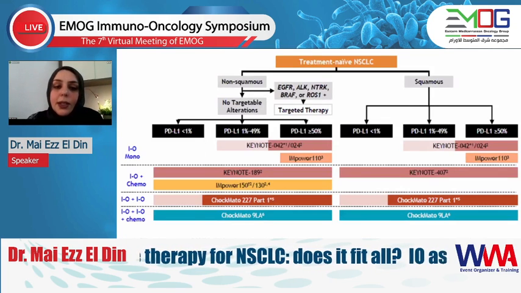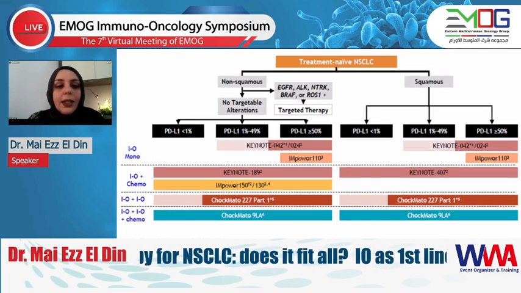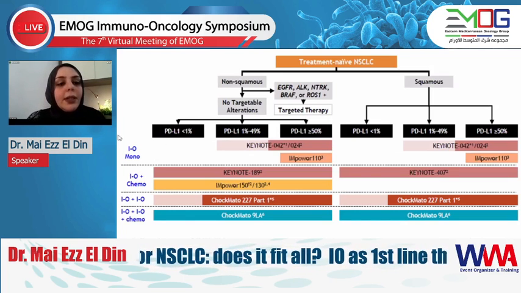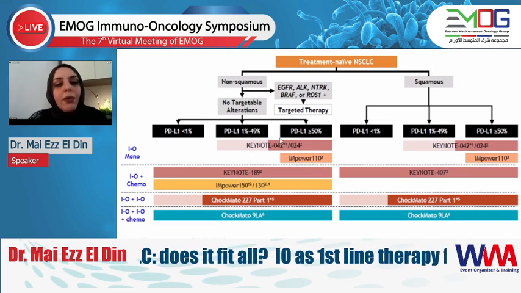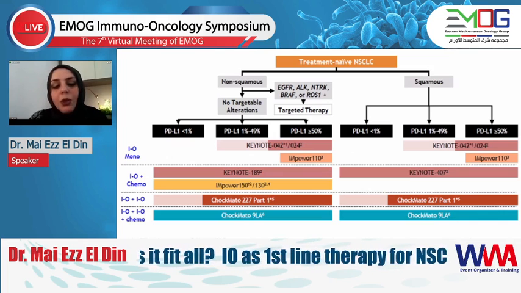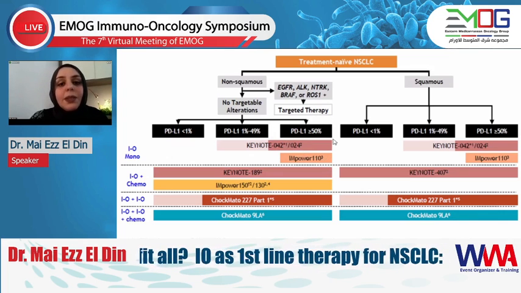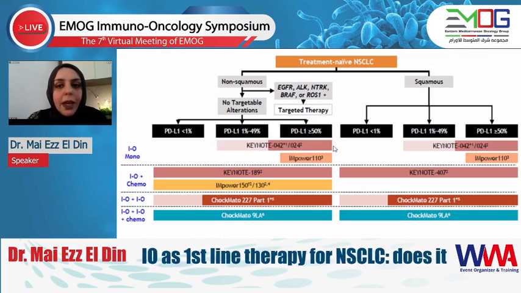So this is a slide of Dr. Martin Reck, of course, and we see that you can consider IO monotherapy with pembrolizumab or atezolizumab if PD-L1 is more than 50%, and as this was done in December 2020, now you can add cemiplimab to this subset as well, as we've just seen from the guidelines page.